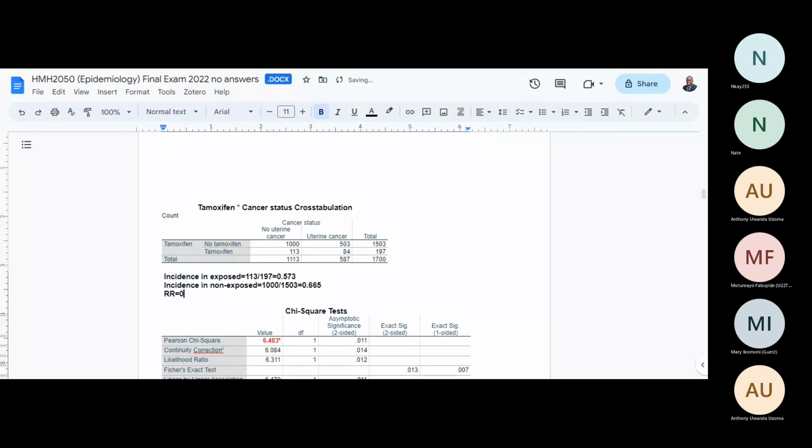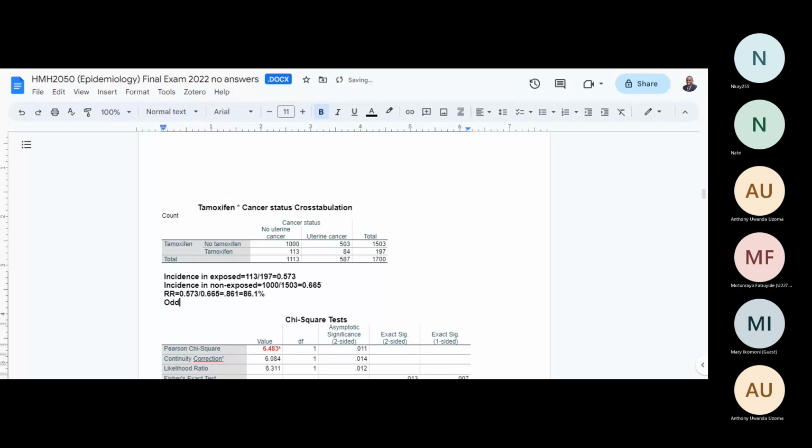So that will be 0.573 divided by 0.665. That will be 0.861, which is 86.1%.